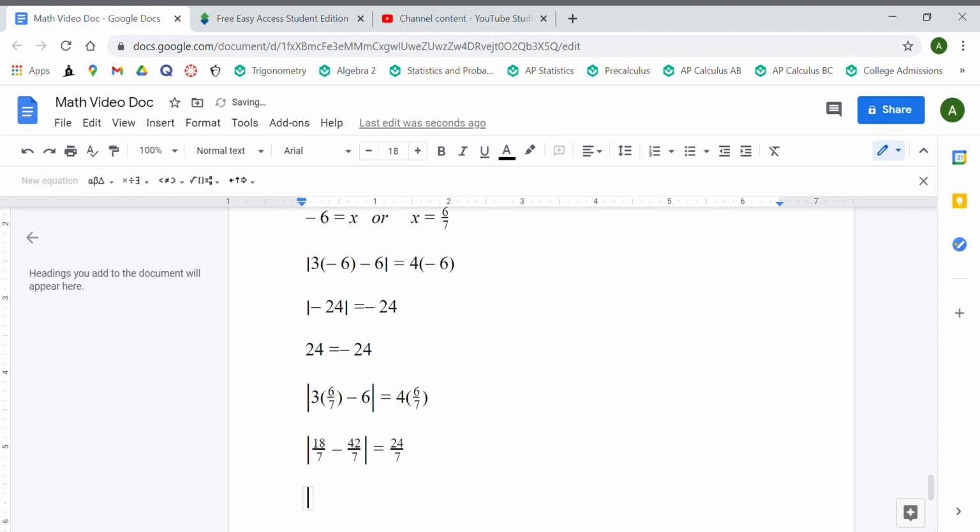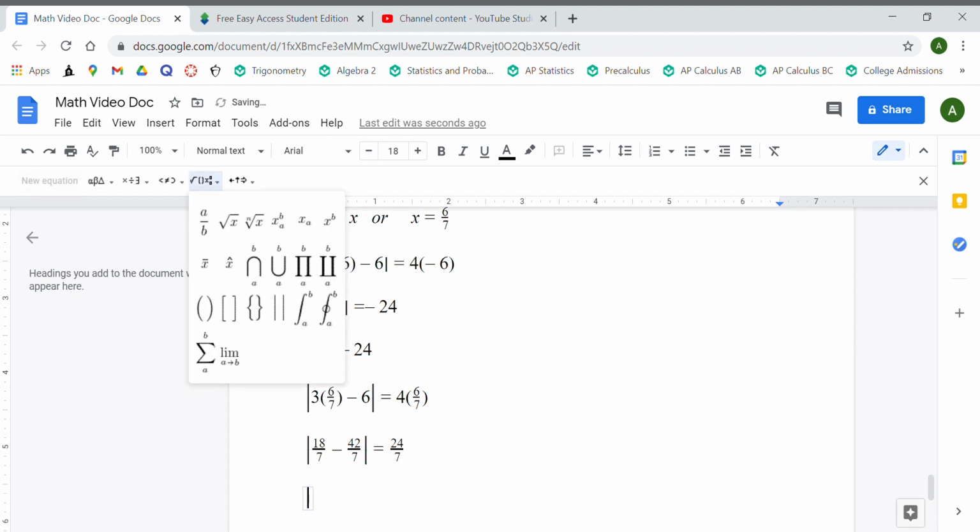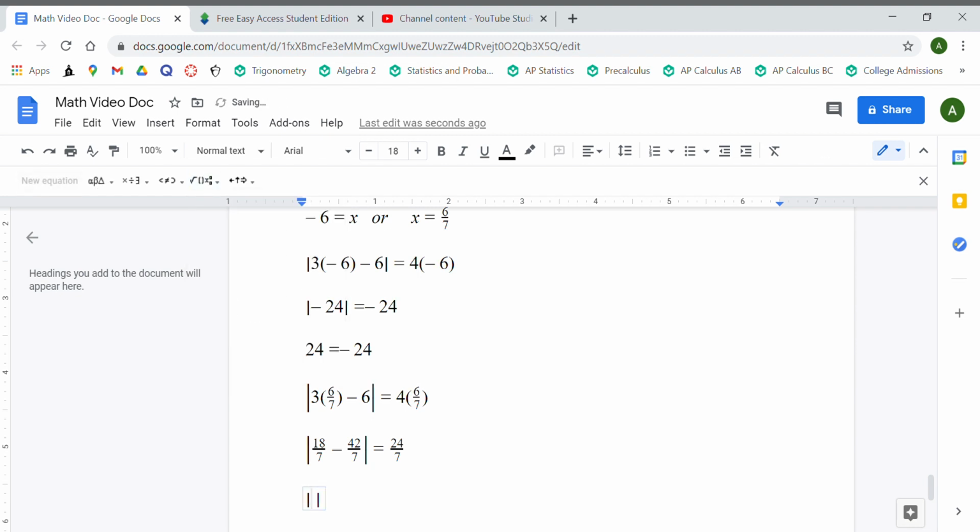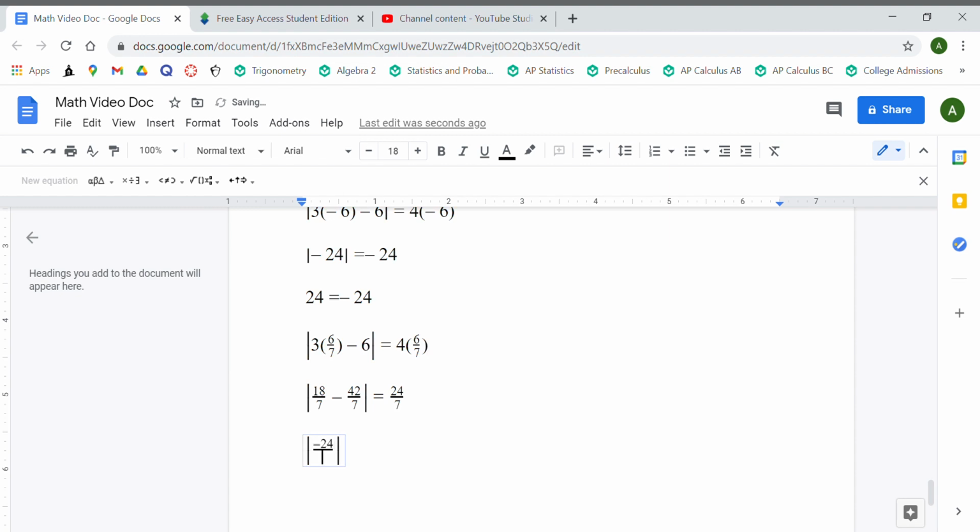Okay, so 18 minus 42, because we have like fractions, I'm going to do 42 minus 18, so that'll be 24. We have negative 24 over 7. Ooh, I forgot I needed to add the absolute value to that, but don't worry, we're still on the right track.